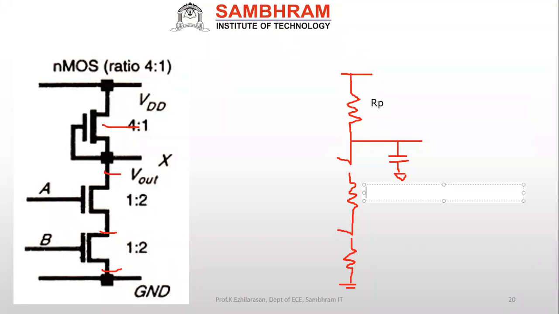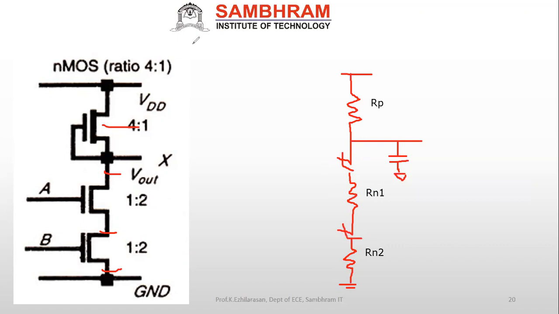This is the pull-down resistance, that is N, so RNA, or let it be RN1 only, and that is RN2. Now this is a switch, this is the switch.